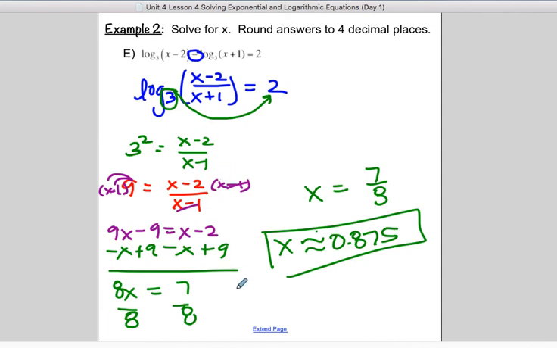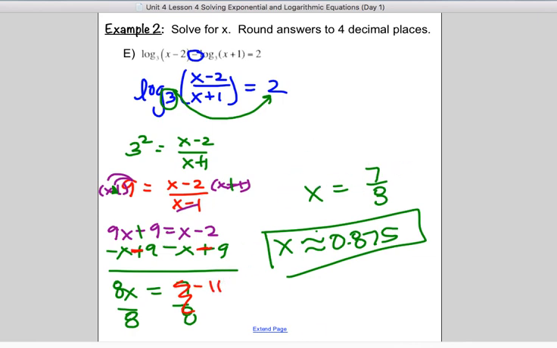I hope you caught it. Where's my silly mistake? I wrote x plus 1 here, but I did not keep writing x plus 1. So x plus 1, there we go. So this would be plus 9. So I would need to subtract 9 from both sides, which gives me negative 11.